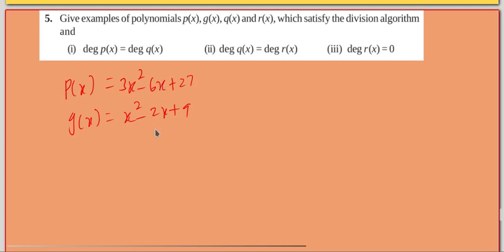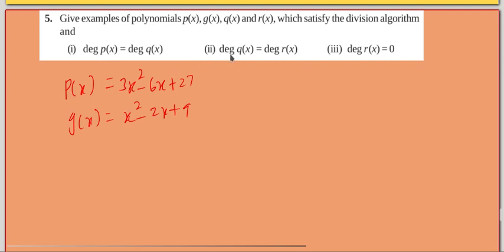There is no remainder and everything is equal also. Degree of p of x: the highest power of this polynomial is 2. The highest power of this polynomial also is 2 only. So both of the degrees are equal. So these two we can take as an example for the first one.